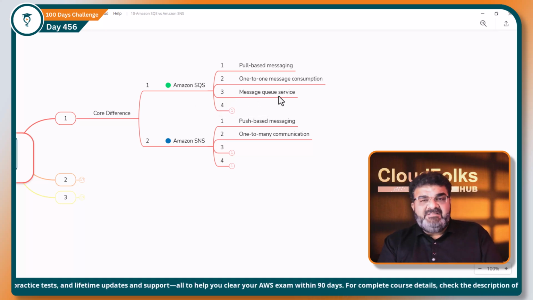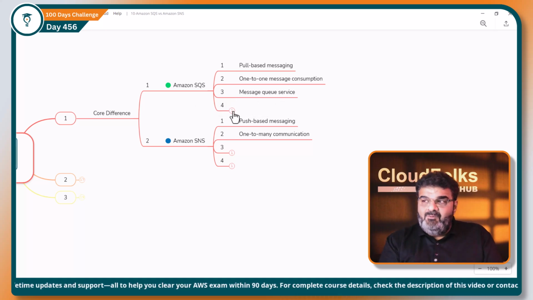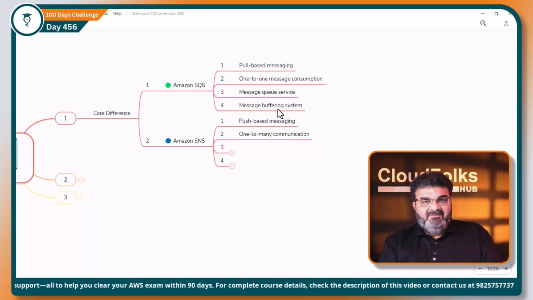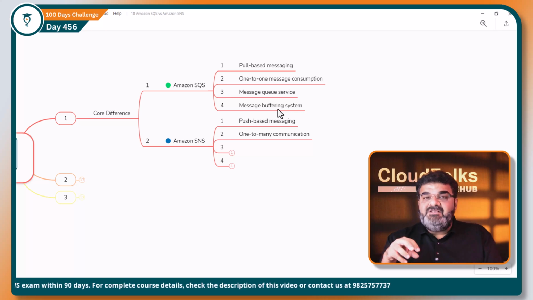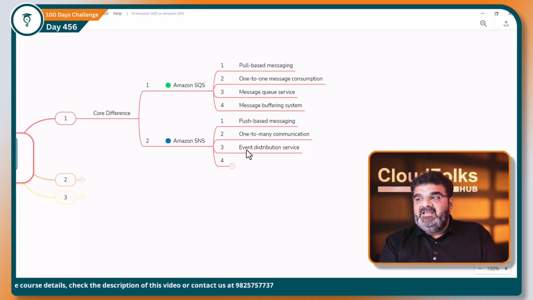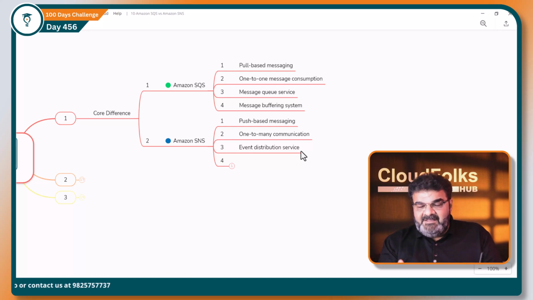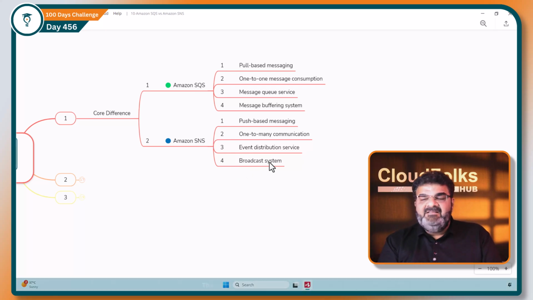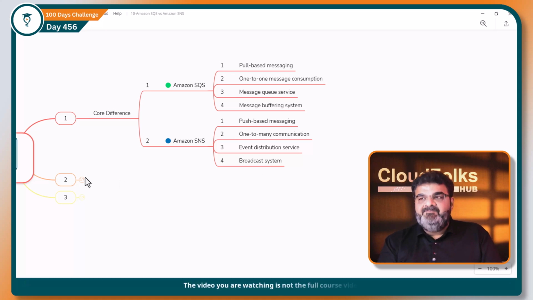SQS is a queue service, where the message is stored, and that's why you also call it a message buffering system, because it stores messages in the queue. SNS is an event distribution service. I want to send messages to multiple systems in real time. In this case, I will use SNS. It is a broadcast system.